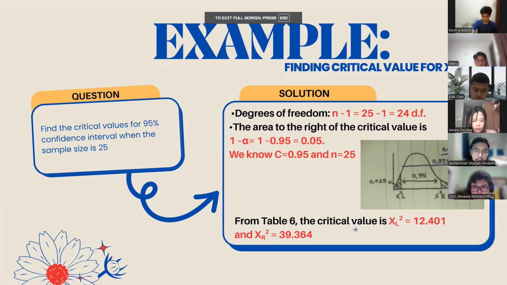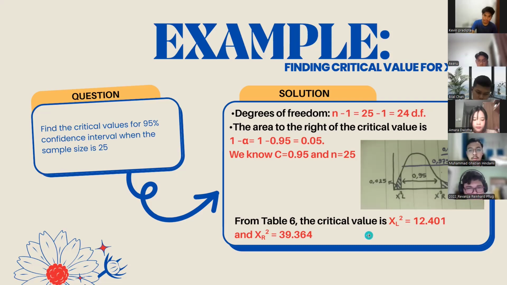Let's move on to another example. This time we need to find the critical values for a 95% confidence interval when the sample size is 25. Again, the degrees of freedom is n minus 1, so 25 minus 1, that would be 24. Now we need to find the area to the right of the critical value, which is 1 minus alpha, 1 minus 0.95, which leaves us with 0.05.